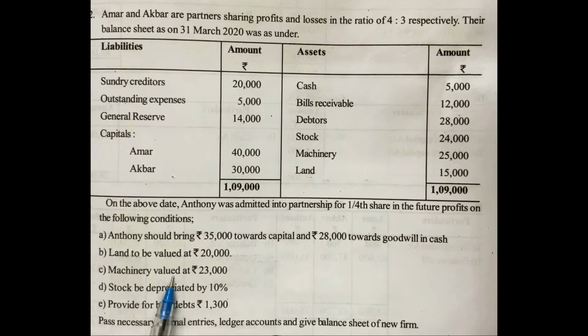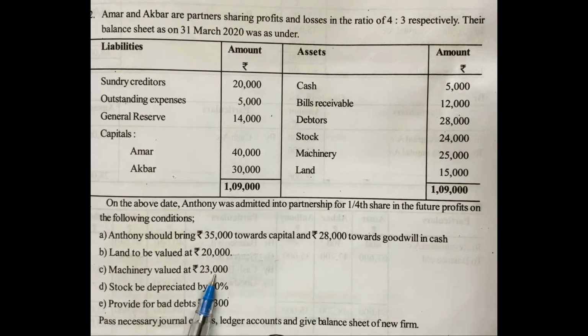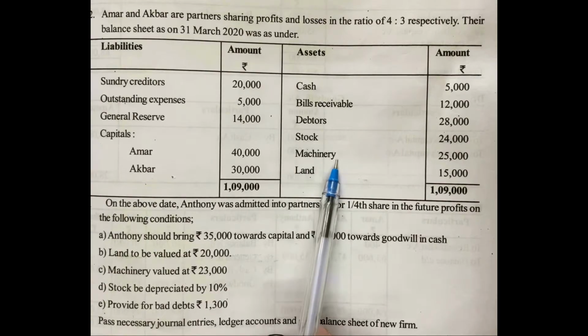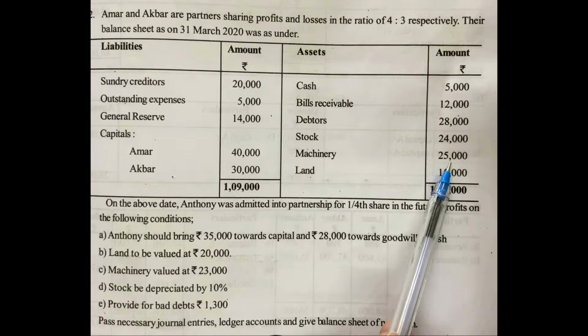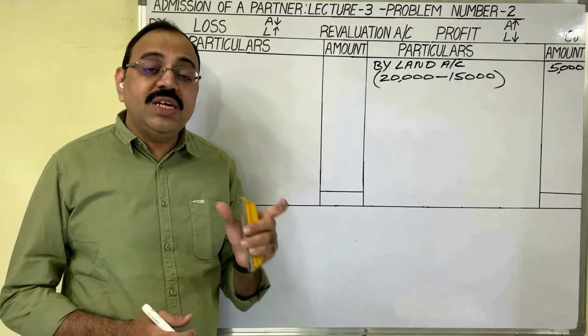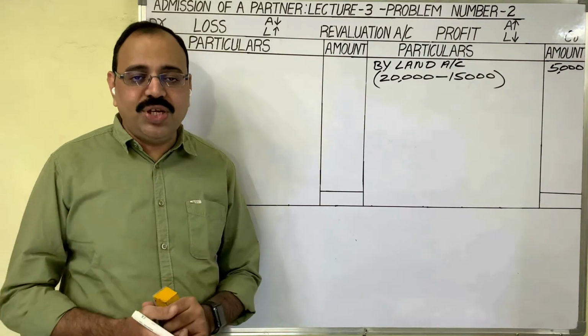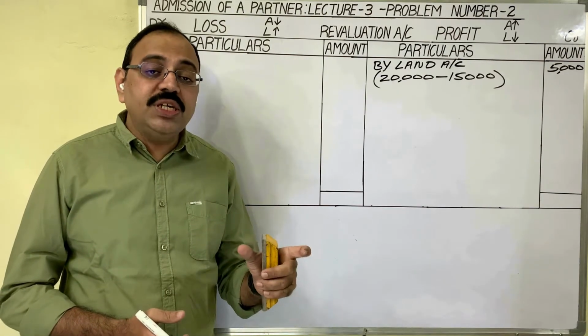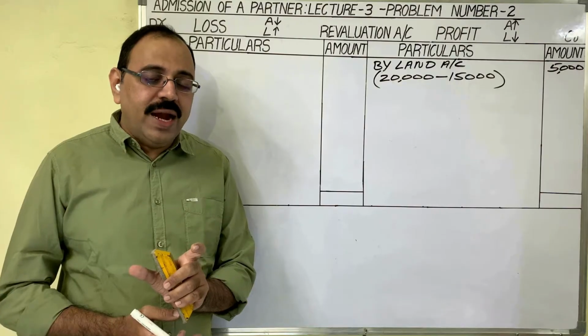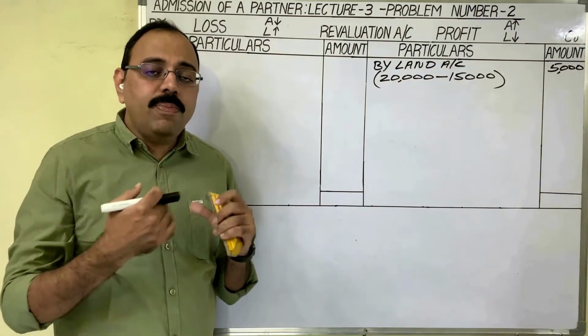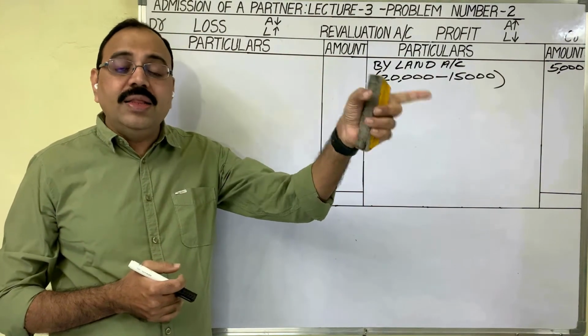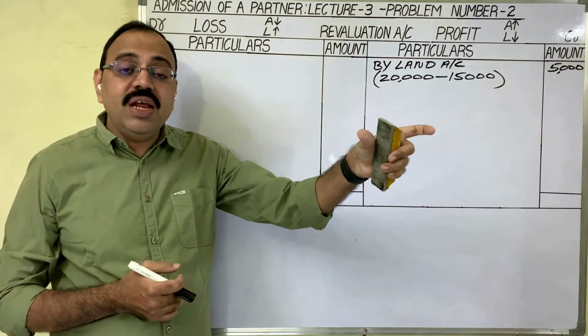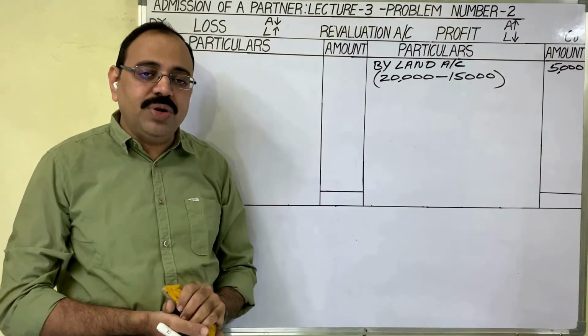Next, point C, machinery valued at 23,000 rupees. In the old balance sheet, machinery value is given as 25,000 rupees. Book value of machinery is 25,000. At the time of admission, old partners inquired in the market. They came to know that now machinery value is 23,000 rupees only.